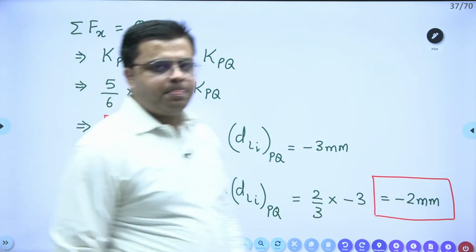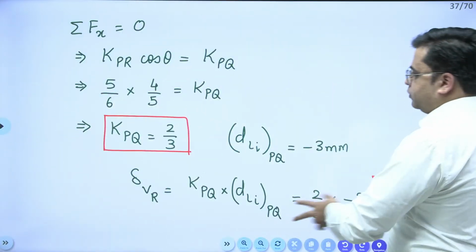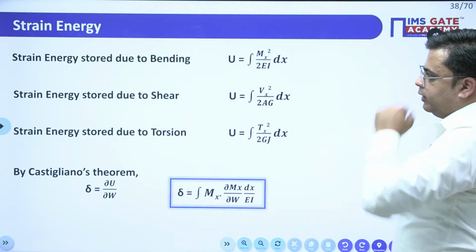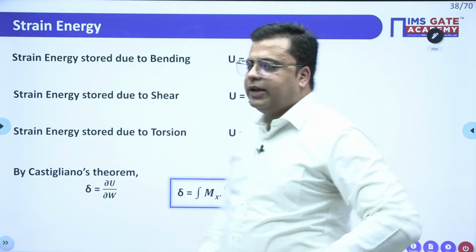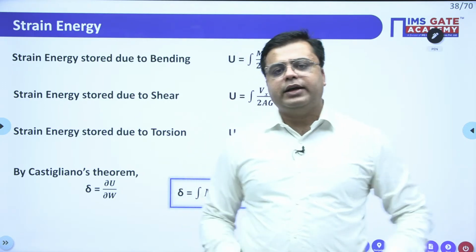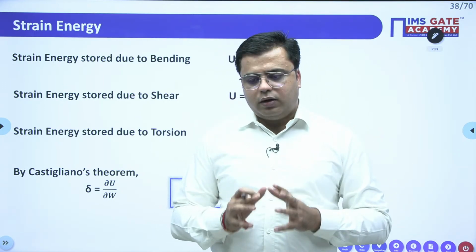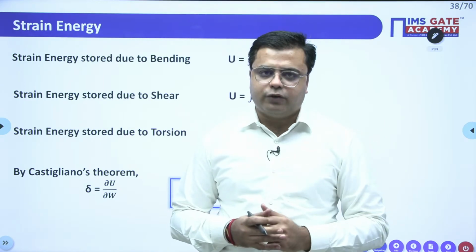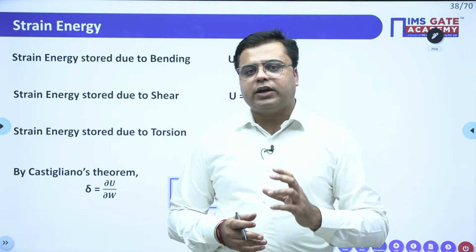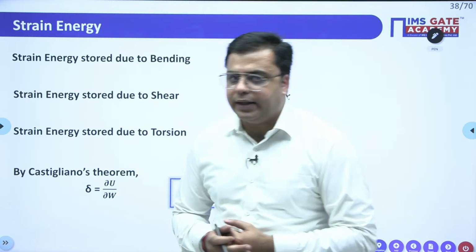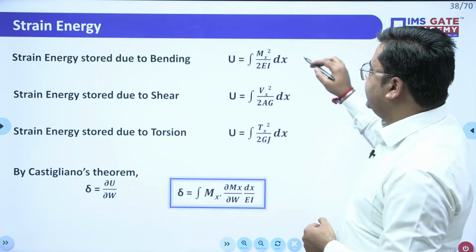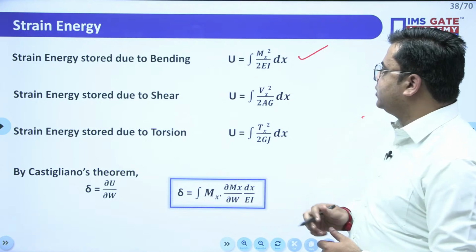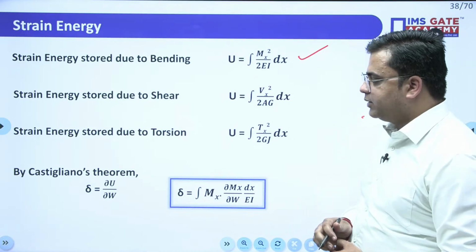Okay, moving on. Next, we have standard results for strain energy. As I've already told you, strain energy is stored in a structure whenever it undergoes deformation. If a structure undergoes deformation due to bending, the strain energy stored is integration of Mx square upon 2EI into dx.